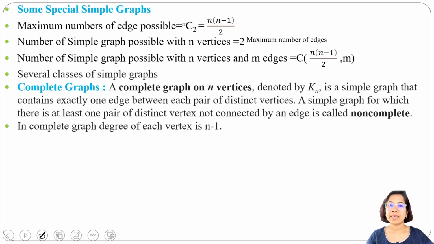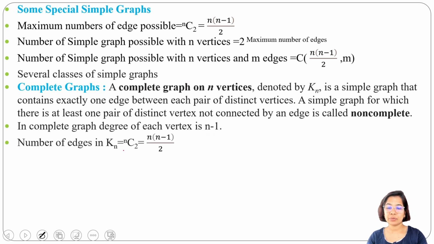And the number of edges in Kn equals nC2, that is n into (n minus 1) divided by 2. So the maximum number of edges possible in a simple graph equals the number of edges in a complete graph, as a complete graph is also a type of simple graph.